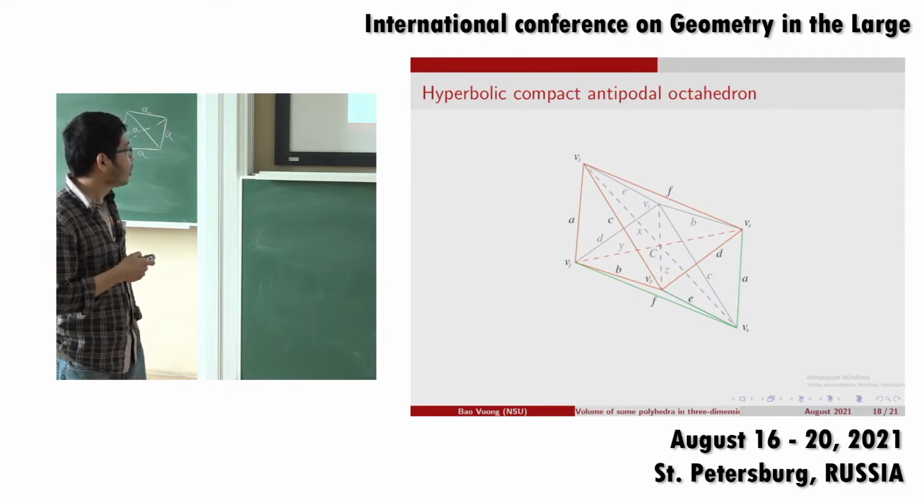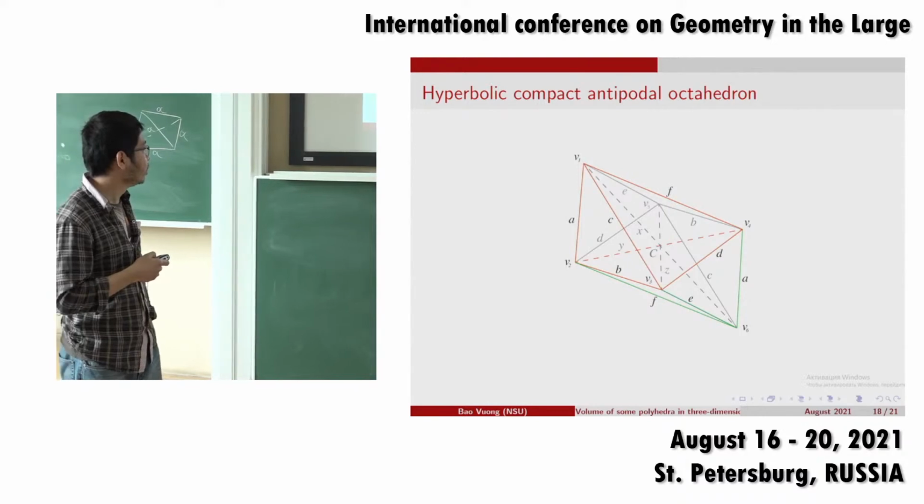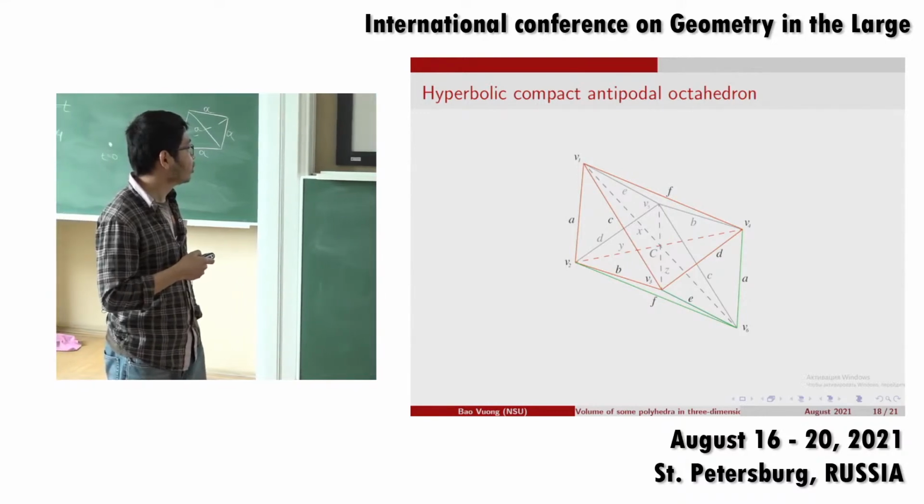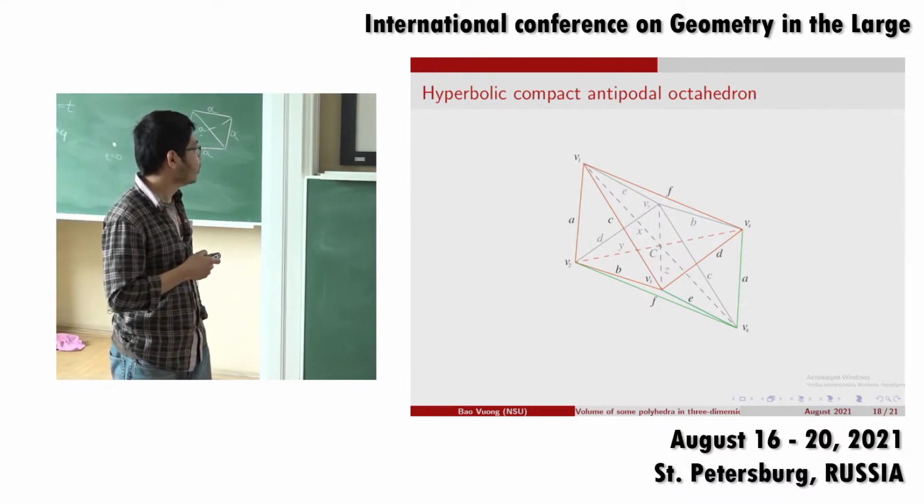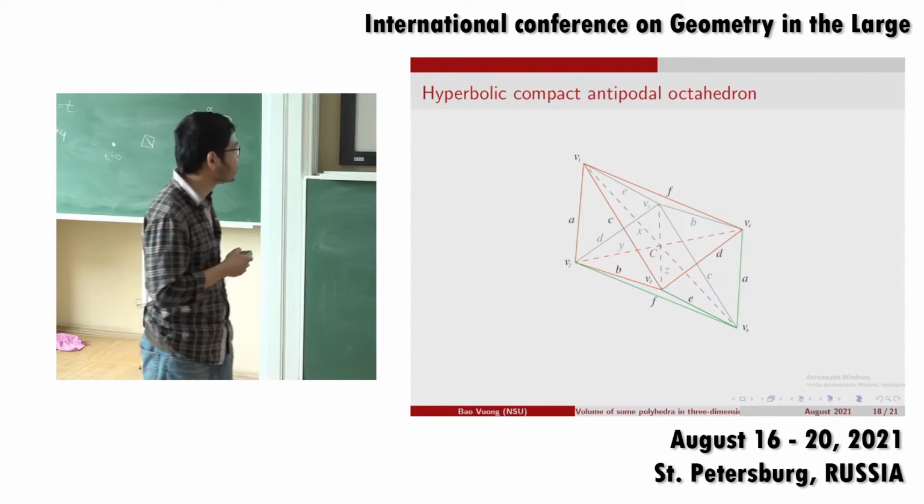That is, we have the vertex V1 and vertex VC symmetric with respect to the point C, and analogously for V2, V4, V5, V6, V3.